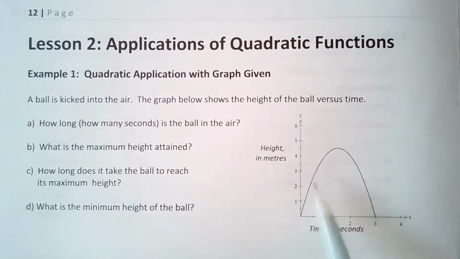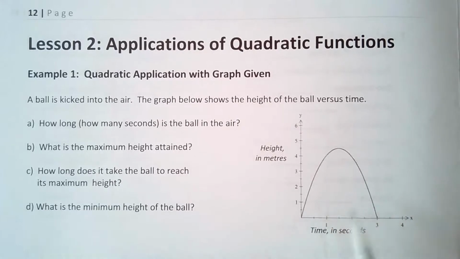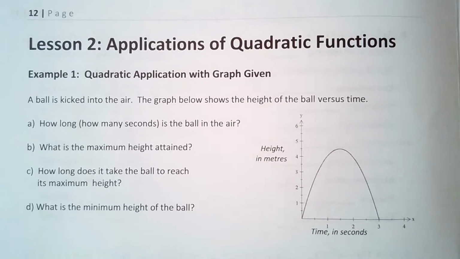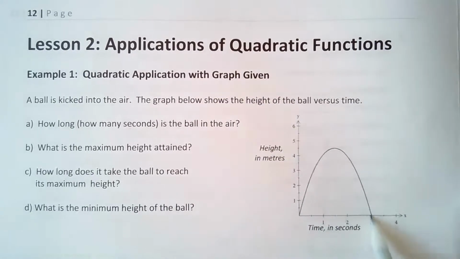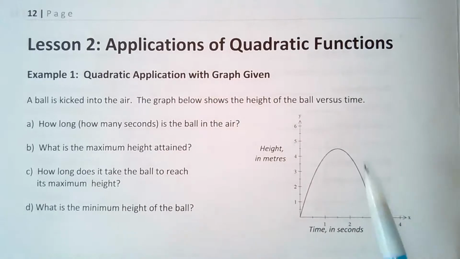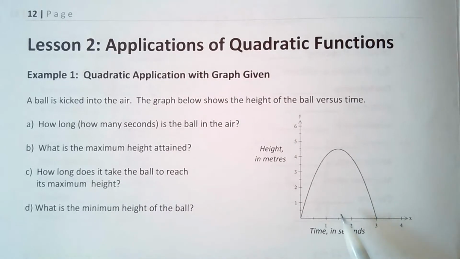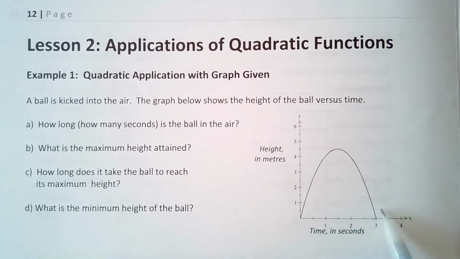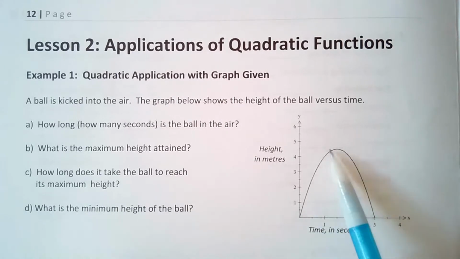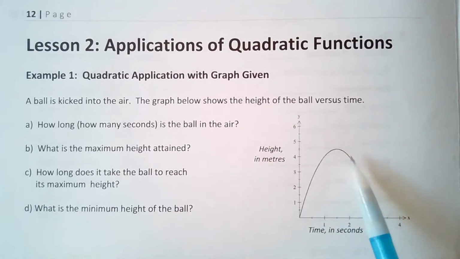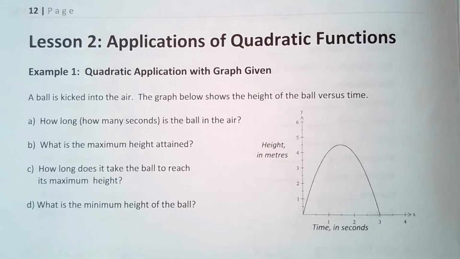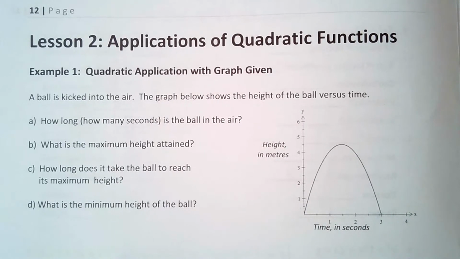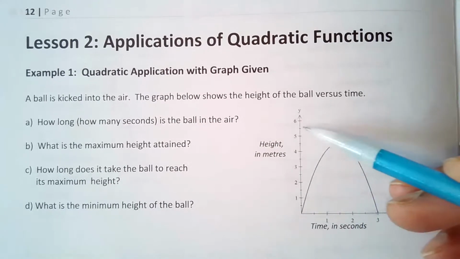So here's our graph. This is your time. You kick the ball in the air, and after 3 seconds, it falls back to the ground. Now, this could be straight up, but generally speaking, when you kick a football, it will go away from you. So this would be the trajectory, or the path, the ball will take. So it's your time, and this is your height.